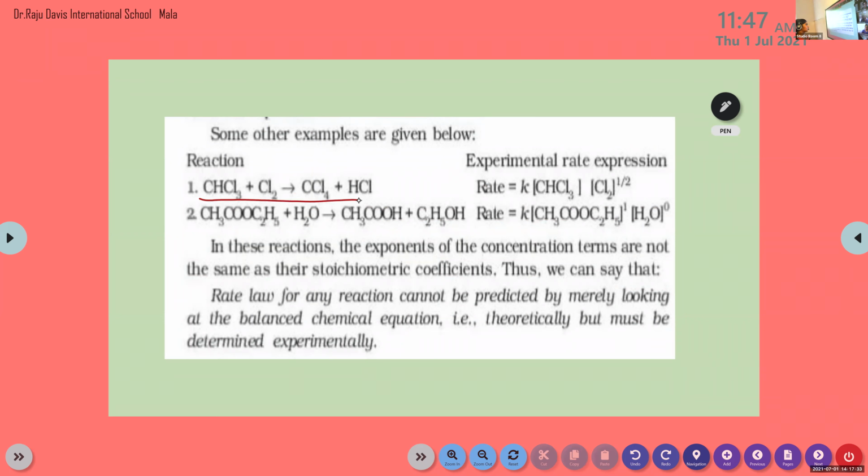CHCl3 plus Cl2 gives CCl4 plus HCl. It is the experimental rate expression. Rate is equal to K into concentration of CHCl3 into concentration of Cl2 raised to 1 by 2. You look at this example and tell me, are the powers of this rate equation and the stoichiometric coefficients the same or not?